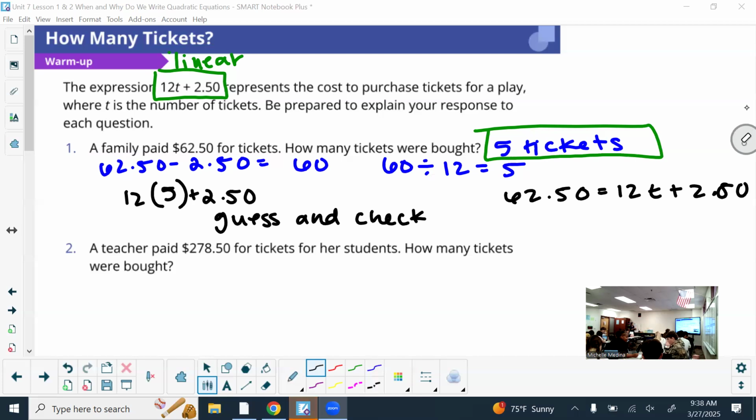And we know that there's a process when we solve equations. When there's only one variable, we can figure out what that one variable is by getting rid of what's farther from it. So yes, we do need to subtract the 2.5 first from each side.